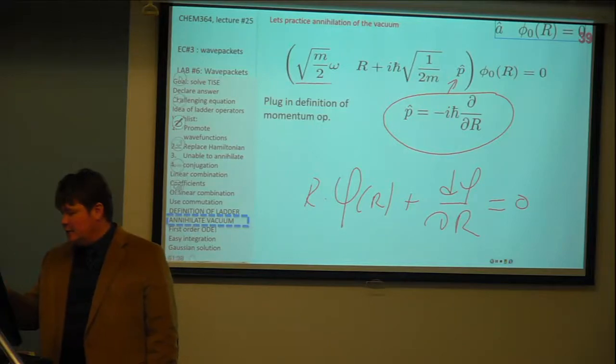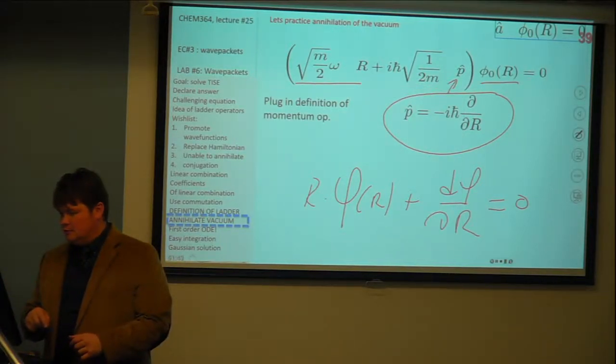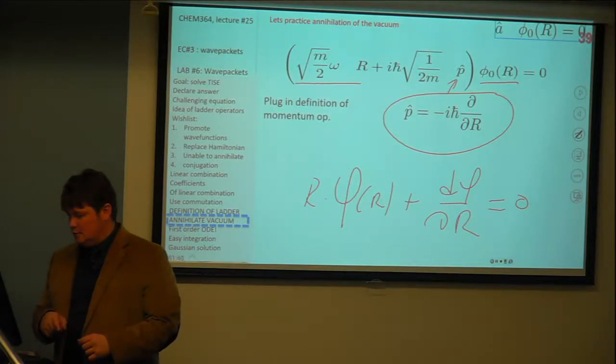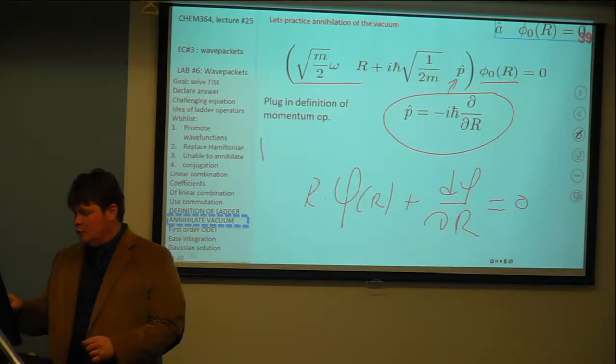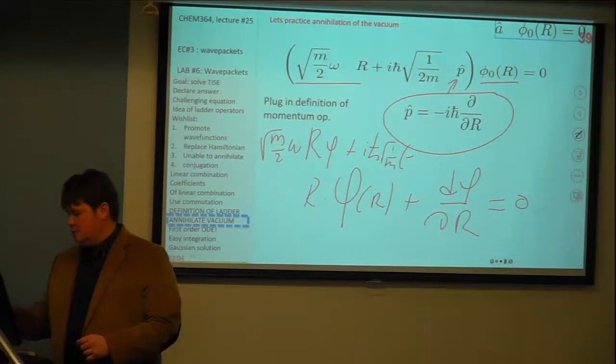So we are multiplying both terms onto the unknown function. So we are opening brackets. Right? Then we have all these boring constants: r times phi plus boring constants i, h bar, square root, and then d dr times phi equals 0.